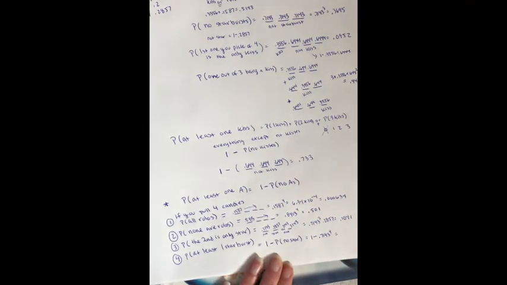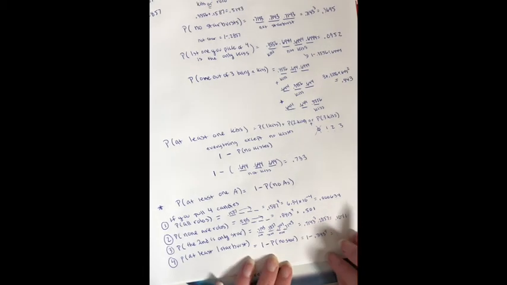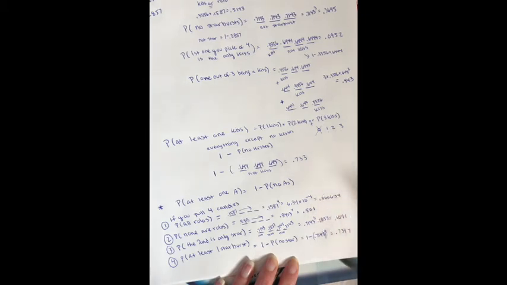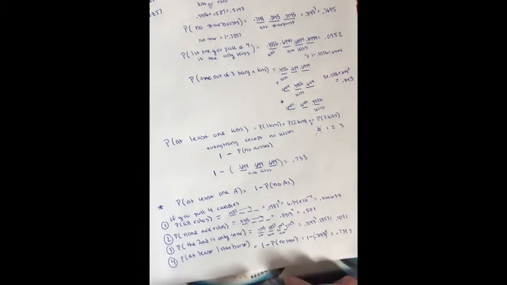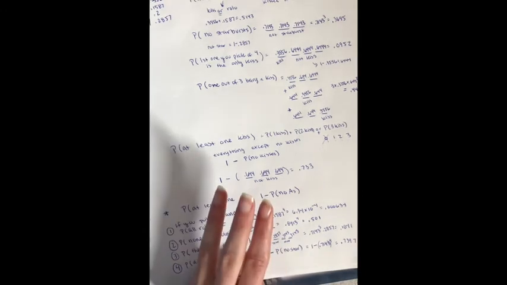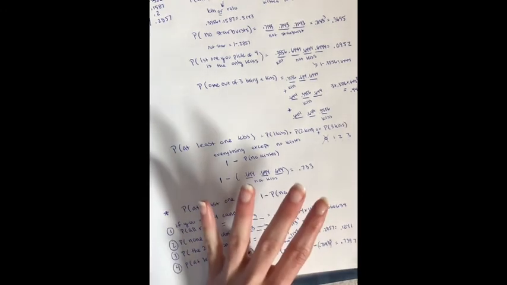So 1 minus 0.7143 to the 4th power. And so that's 0.7397. Okay. And those are all of our probability rules. We had the complement rule, the addition rule, the multiplication rule, and now this at least 1 rule.